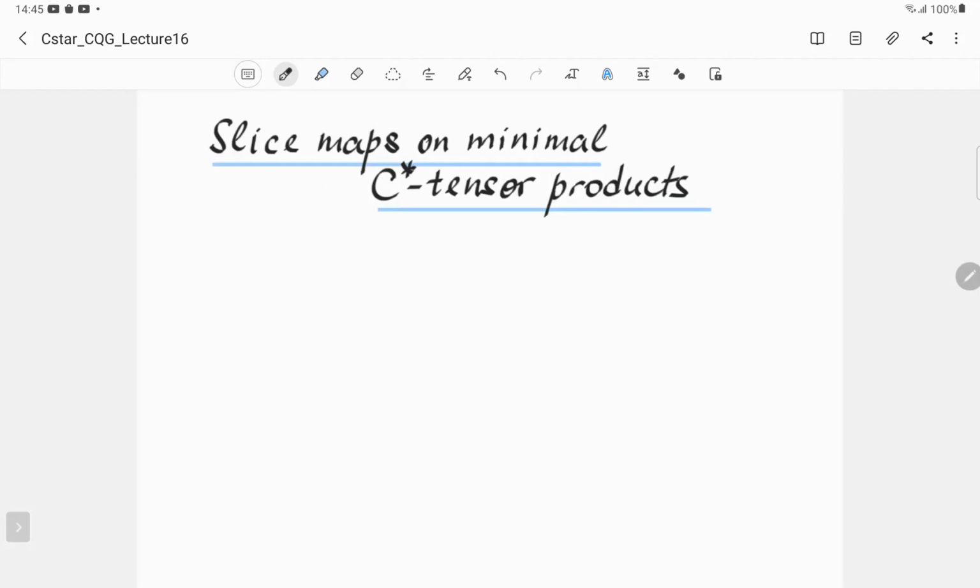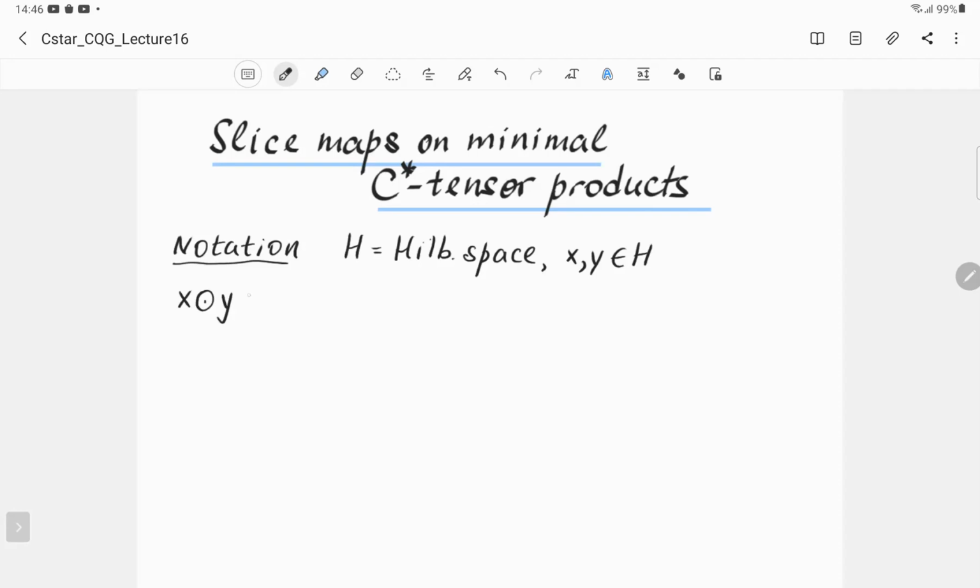So we start with some notation. Suppose that H is a Hilbert space, and X and Y are two elements of H. So we introduce the following rank 1 operator, X circle Y. This is a bounded operator on H, which acts as follows.